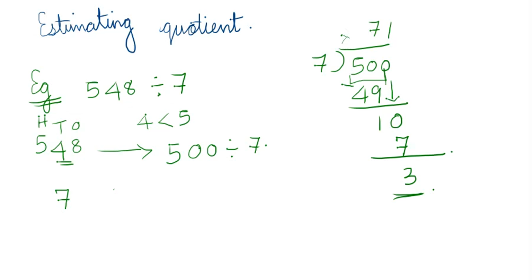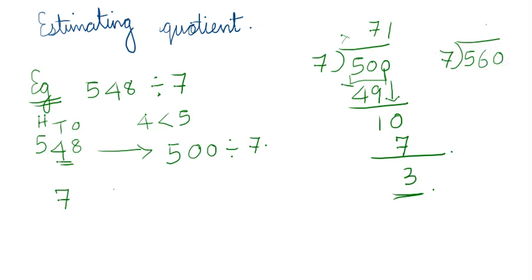So what is my next one? 7 eights are 56. So if I'm going to get 56 here, then I will be able to get my estimated quotient, right? So we will be doing that. So instead of 500, I will be dividing 560.